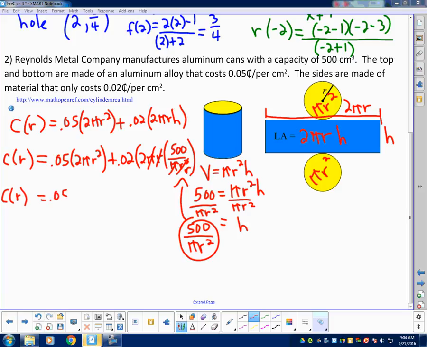And I'm left with T of r equals 0.05 times 2 pi r squared plus 0.02 times 2 times 500, which is 1,000, over r.